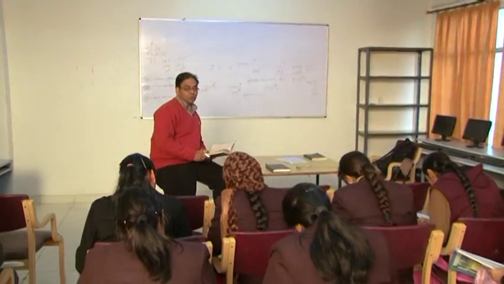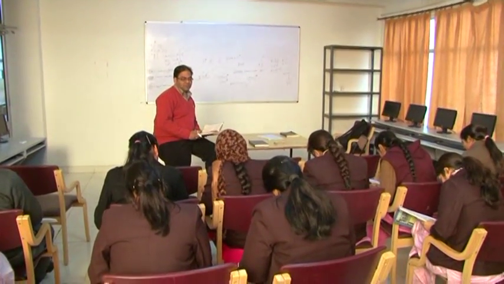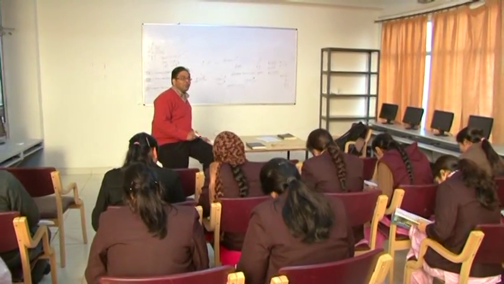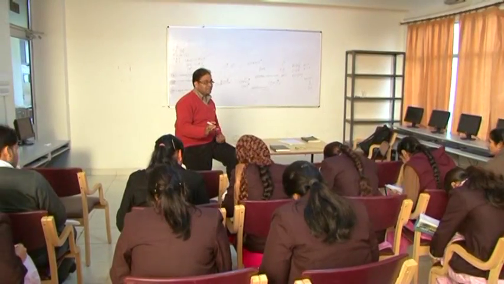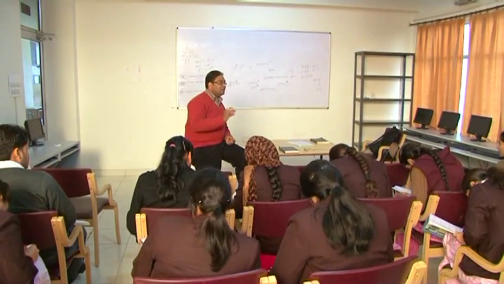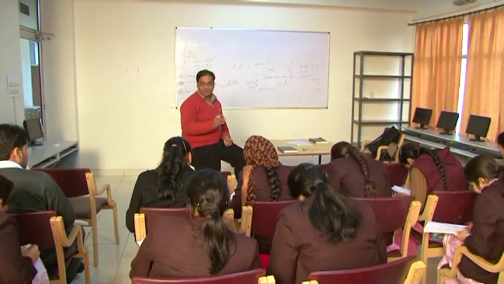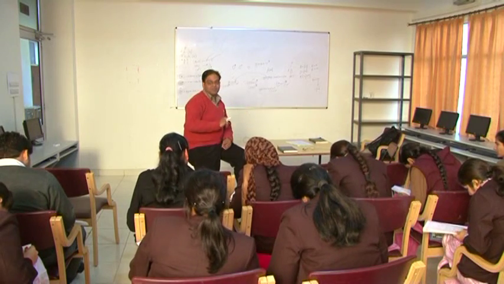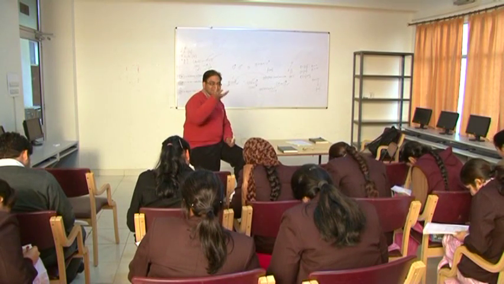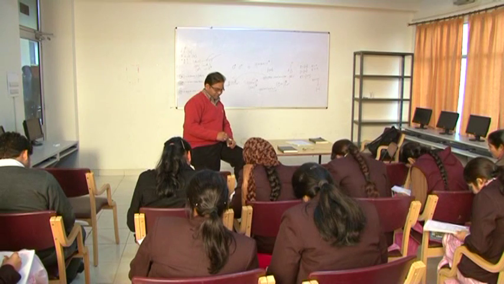Not having two consecutive zeros. So first you try to write some of the strings that are denoted by this regular expression. Then you try to write the regular expression, inferring the pattern out of it.